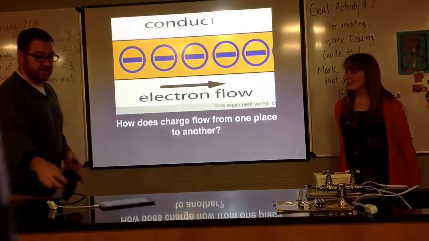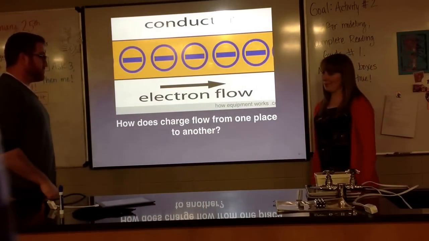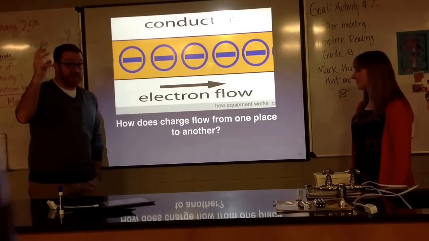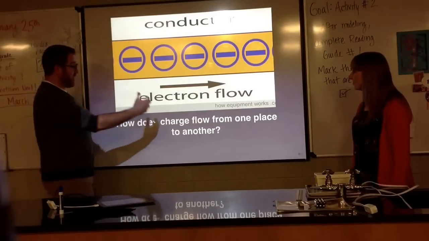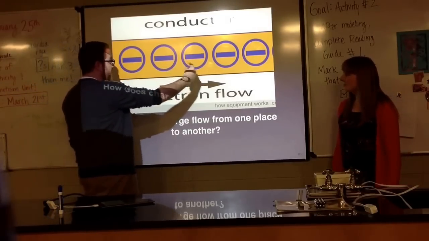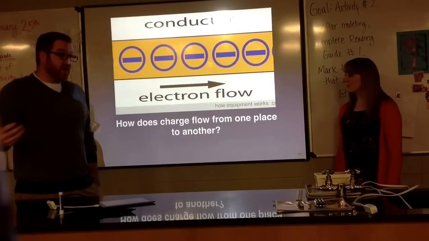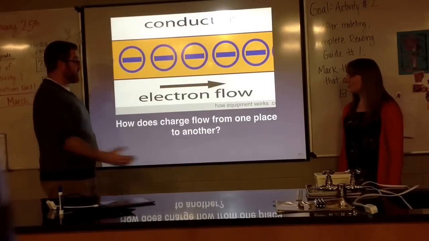All right, another question. How does charge flow from one place to another? Again, we're harnessing that hatred of one electron for another. So if we are able to get these things to move in that straight line, just like we did before, within a wire or within a circuit, we can then use it to our advantage.